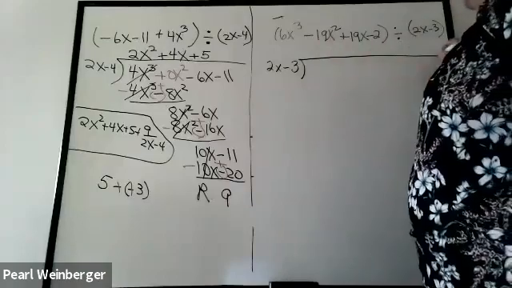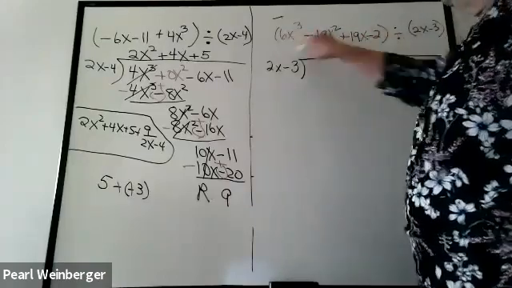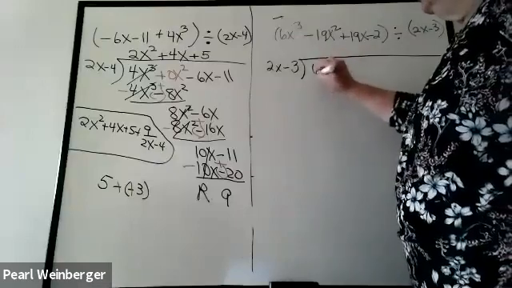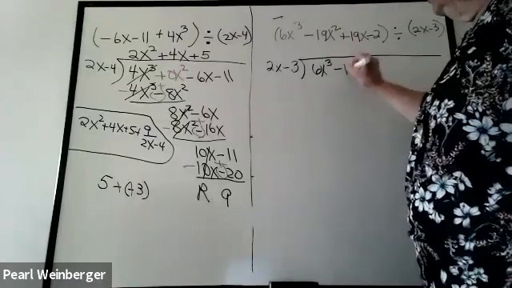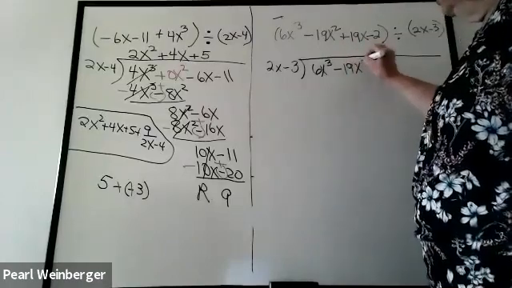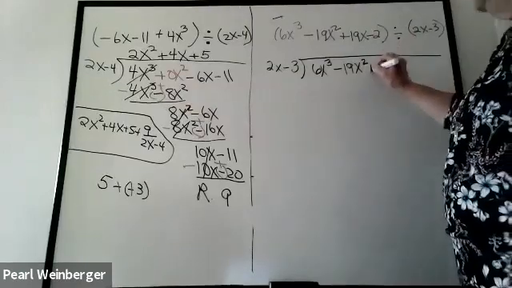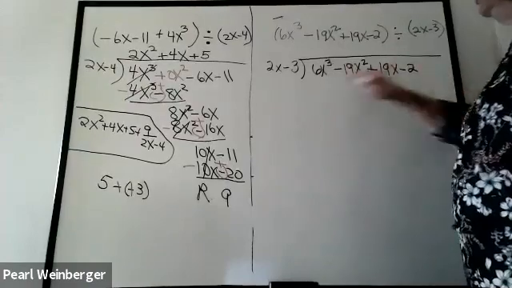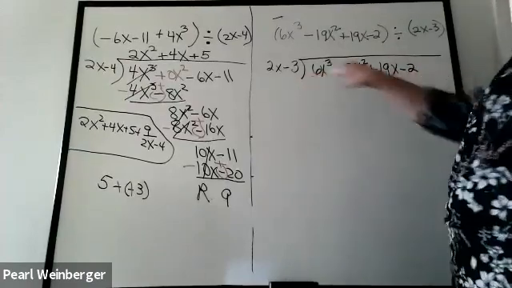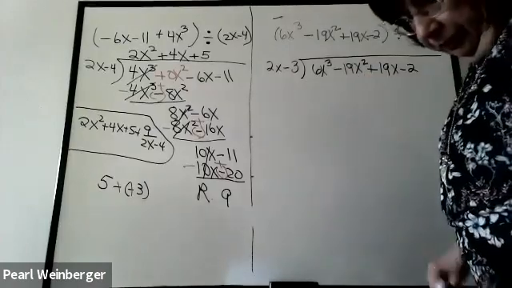And I'm going to look at this. It is in descending order. It starts with the 6x cubed, so it's good. The next thing is an x squared, so that's minus 19x squared. Then we have the plus 19x and minus 2. So it was set up, nothing is missing. Everything is set up the way it's supposed to be.